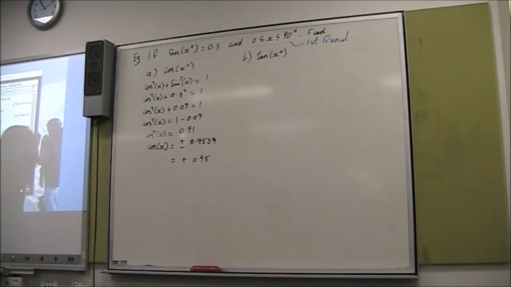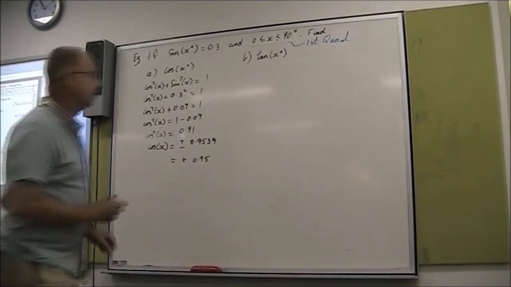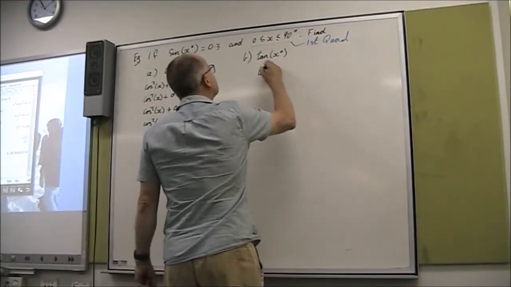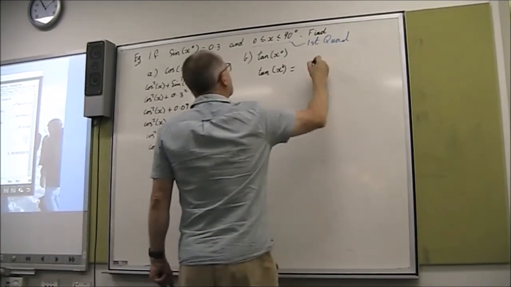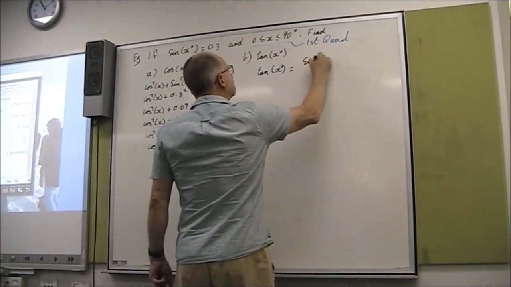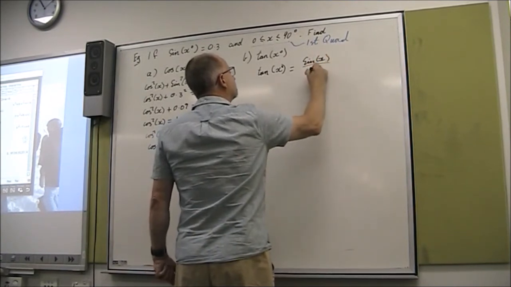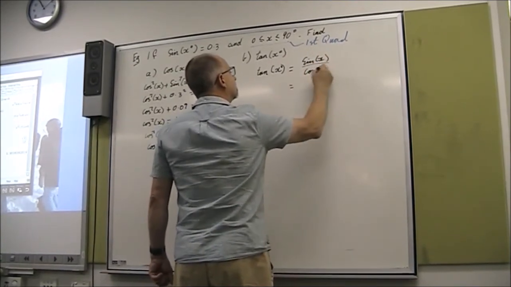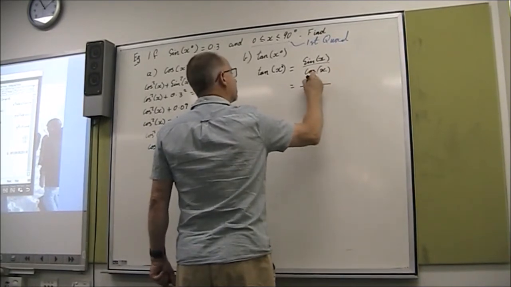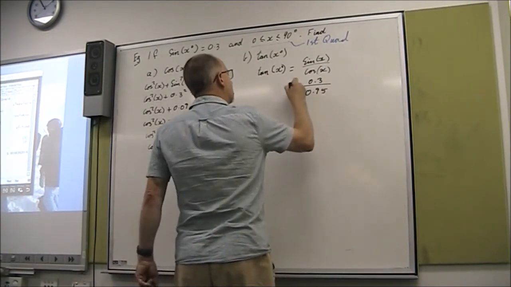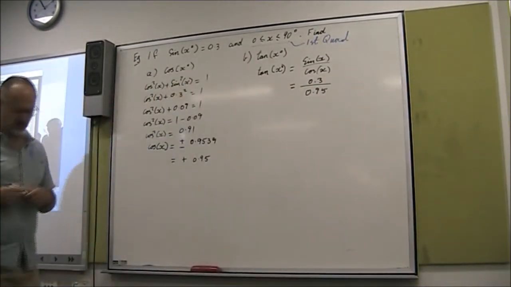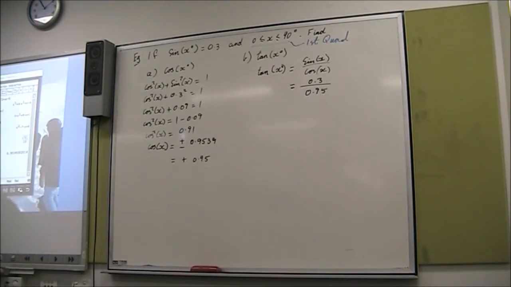Then once you have that, we can now find the tan, because tan x is sine x on cos x. So the sine we were given as 0.3, we've just figured out 0.95, and on the exams they'll always indicate how many decimal places if it's a decimal.